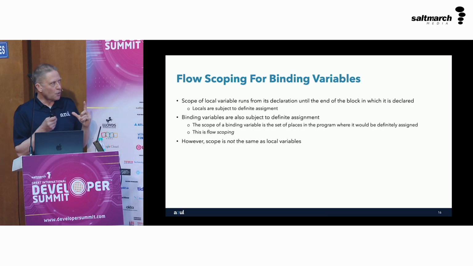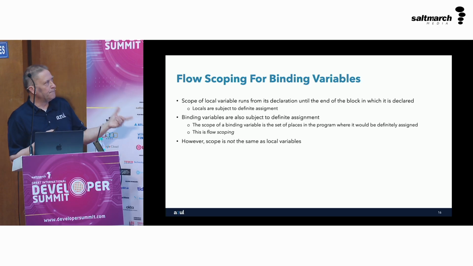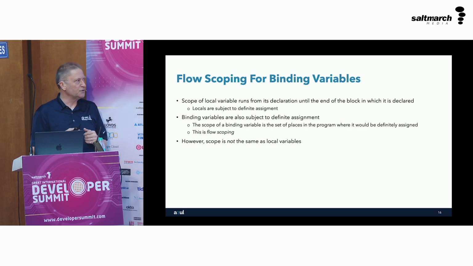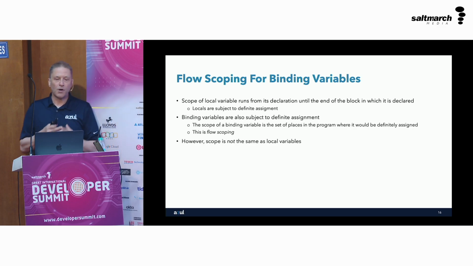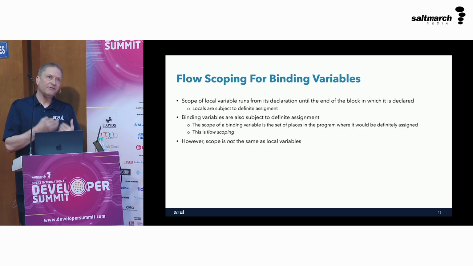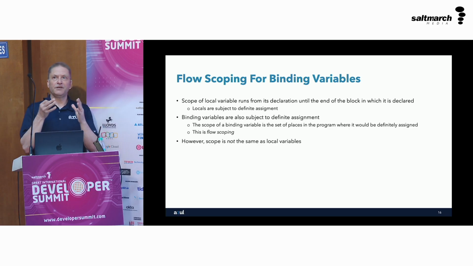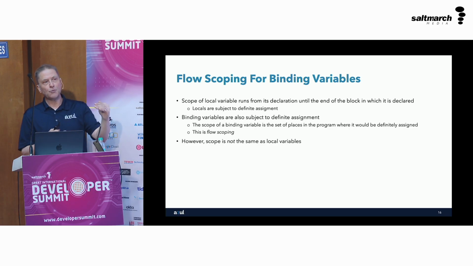And this brings us to quite an important part about the binding variables and the scope of those variables, which is the way that scoping works. If we look at local variables, the scope of them, where you can use them, is from where they're defined until the end of the block of code in which they're defined.